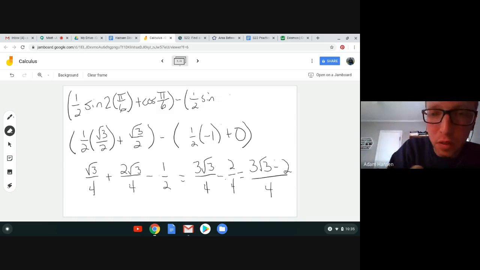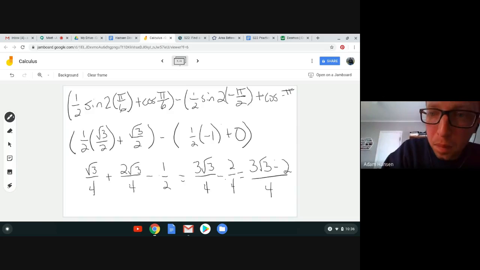Too many 2's and negatives floating around. Two times -π/2 is -π.